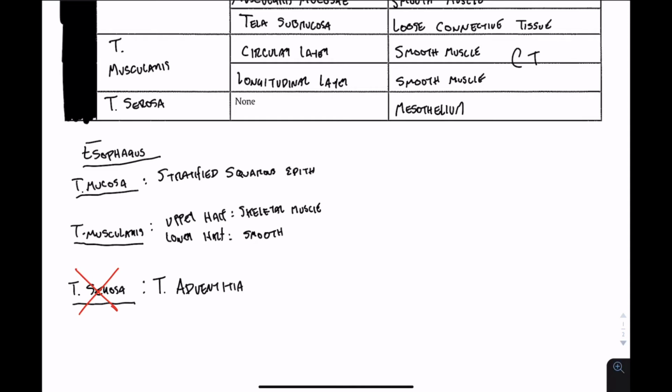And we've heard that term before, and we know if we see the word adventitia, it's going to be referring to dense irregular connective tissue. So the esophagus is kind of just a completely different tube tissue-wise, but it still has those three layers. So that's what we need to know about the esophagus modifications.